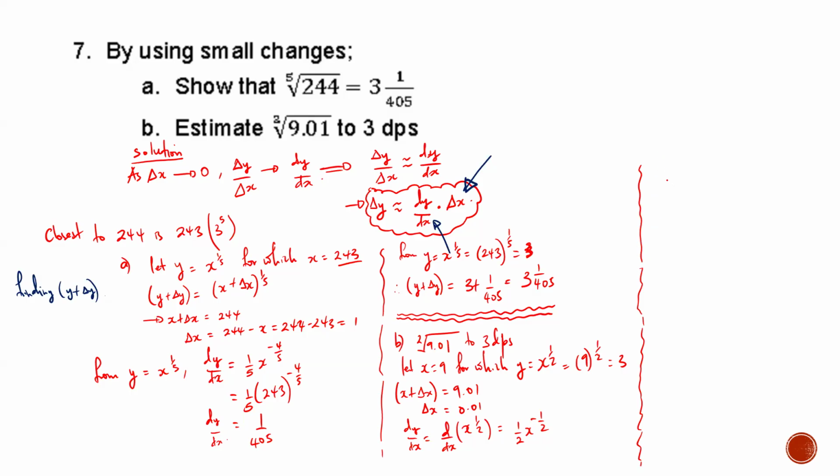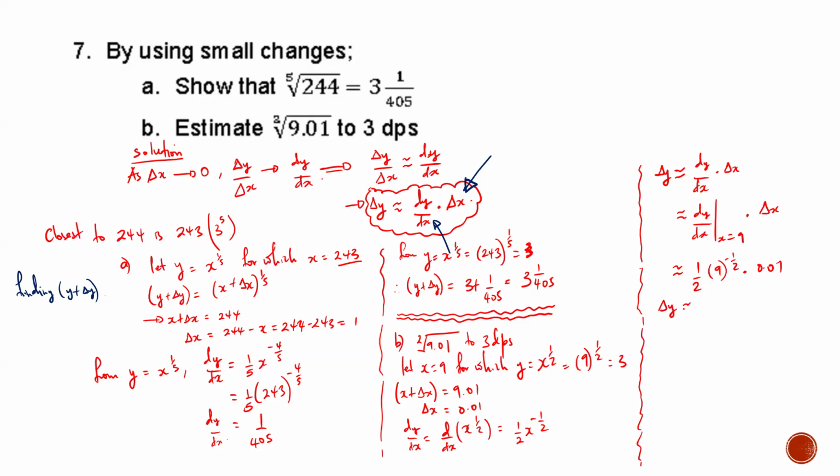So the next thing we are going to do is find the change in y, which is approximately dy dx times the change in x. And this will be dy dx at x equal to 9 times the change in x. So that means we have a half times x, which is 9, to the power negative a half, times our change in x, which is 0.01.